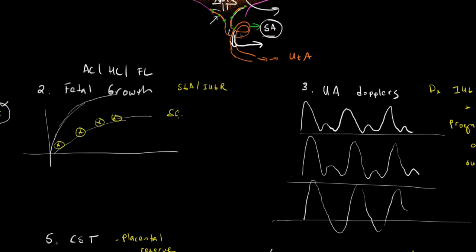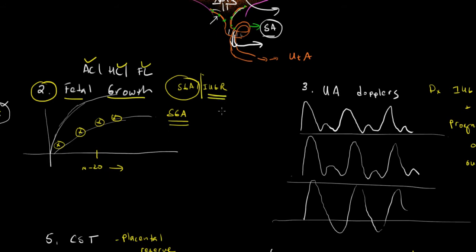So just plotting and following fetal growth on growth ultrasounds that you could start doing around 20 weeks and then continue doing them forward, or even earlier, around 18 weeks, and looking where the fetal growth parameters are, including abdominal circumference, head circumference, foot length, you get a sense that the baby is small for gestational age. And if the baby is small for gestational age due to maternal underperfusion, you could call that intrauterine growth restriction, because the baby is actually being restricted.